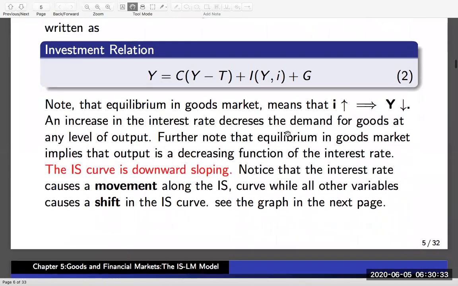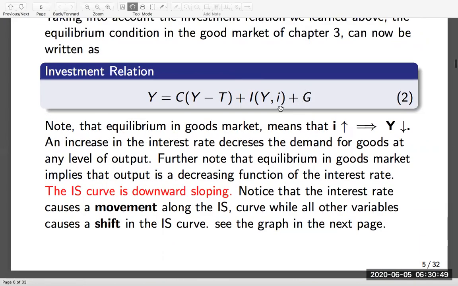So of course now remember that I said interest rate is on the Y-axis, and then output is on the X-axis. So if there is a negative relationship, it means that the IS curve should be downward sloping. Which means that if we know Y and i are on the axes, changes in all the other variables will cause a shift in the IS curve.